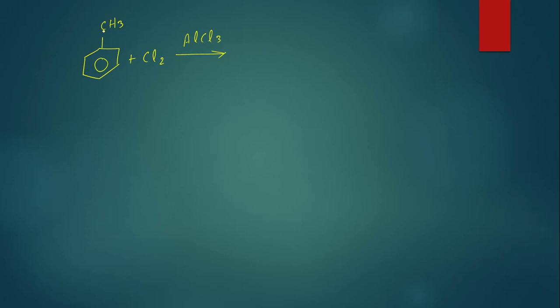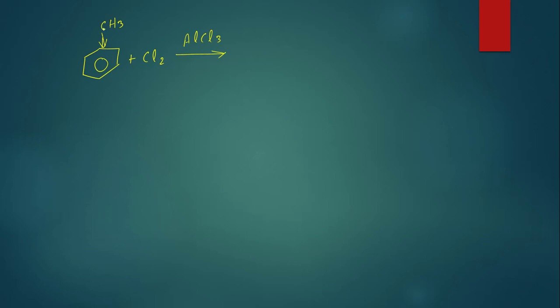So what happens? This group which is already on the benzene ring is an electron donating group. This methyl family, or alkyl family, methyl, ethyl, propyl, butyl, actually donates electrons to this ring.